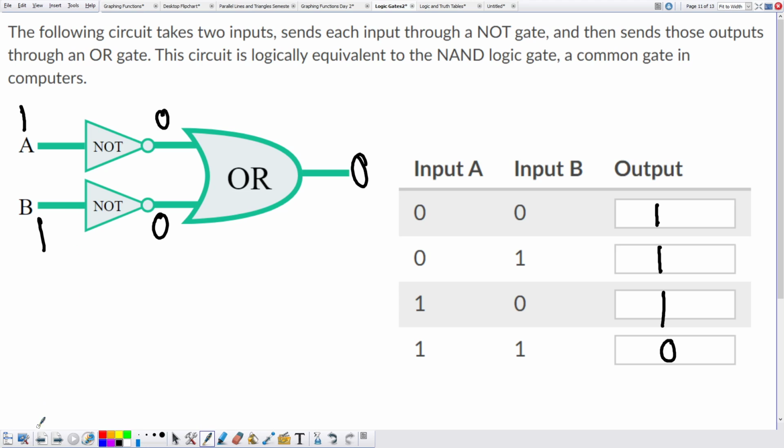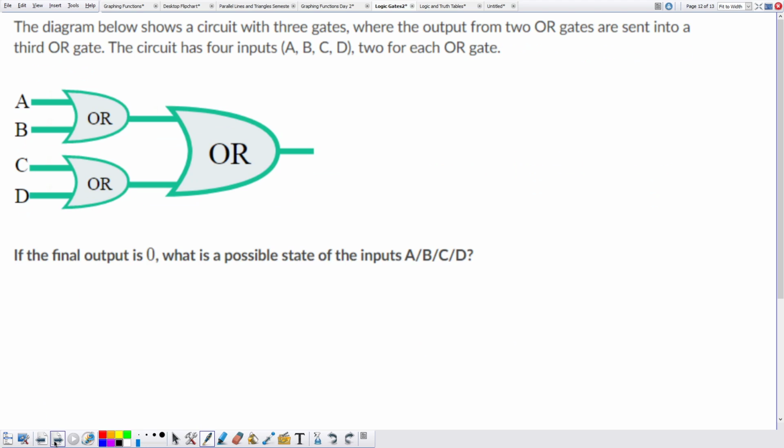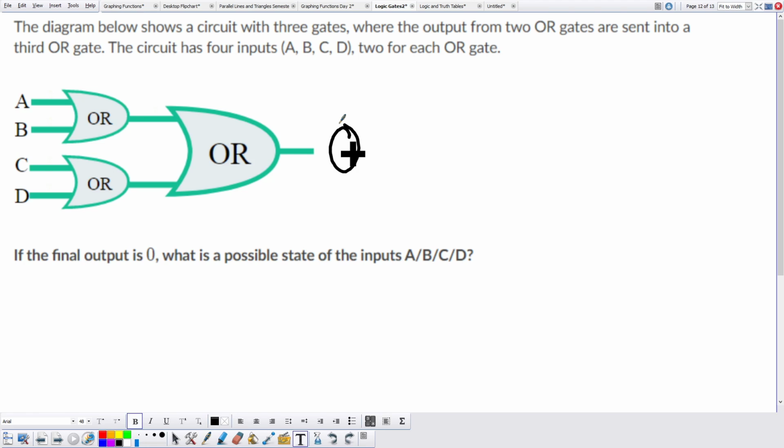Now, continuing onward, this one has two OR gates. A, B, C, D go through each of their respective gates, and then they go through a third OR gate. If the final output is 0, what is a possible state of the inputs?